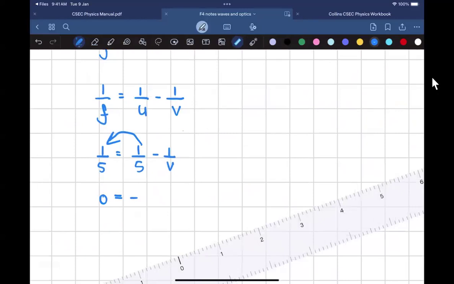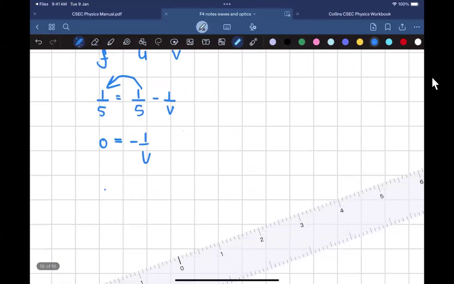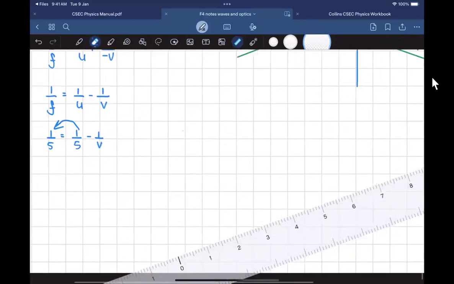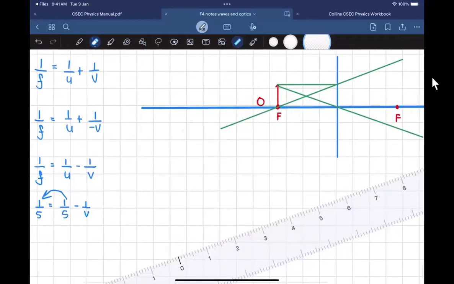If you have 0 is equal to minus 1/v, and you multiply both sides by -1, you're going to put 0 is equal to 1/v. And now if you try to flip that, you're going to put 1/0 and you can't divide by 0. So that can't work out mathematically.